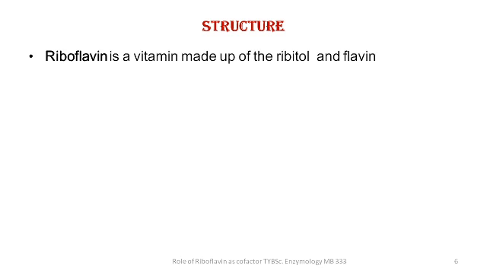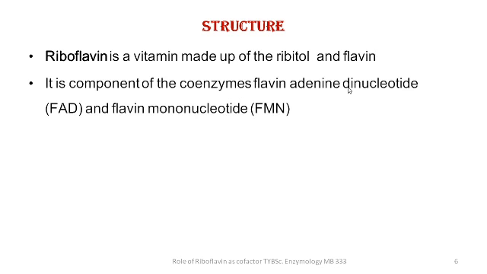Riboflavin is a vitamin which is made up of two components, the ribitol, which is derived from the sugar ribose, and a flavin component. It is a component of the coenzymes flavin adenine dinucleotide (FAD) and flavin mononucleotide (FMN).